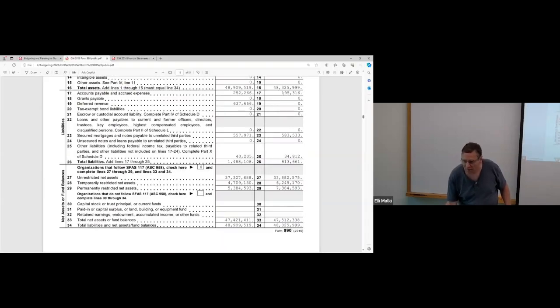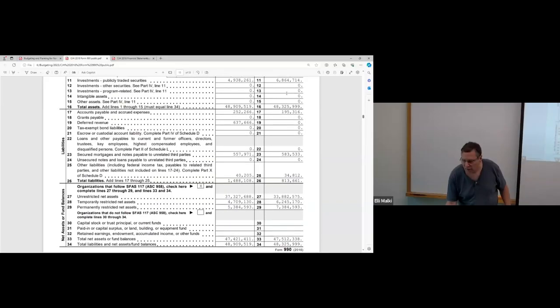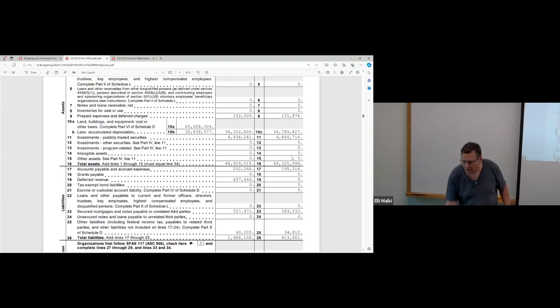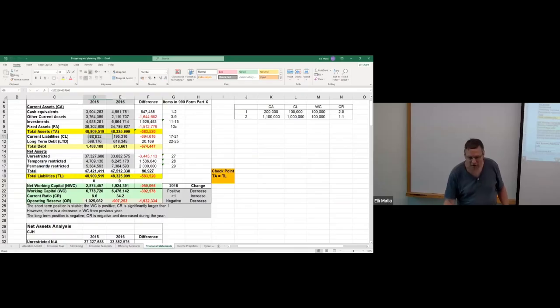So I have here one figure, in 2016, one figure, 195. In 2015, I have two figures. If you go to the Excel file, you can see that in 2015, if you look at the line up, these are the two figures that appear in lines 17 to 21.